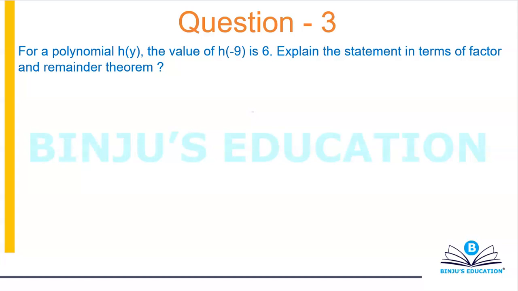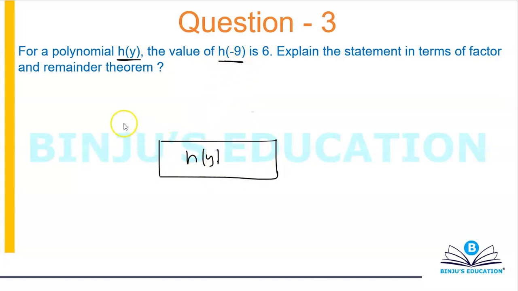All right, let's try this one. Let's understand this. So I have a polynomial h of y, in terms of y, no problem. The value of h of -9 is basically equal to 6.